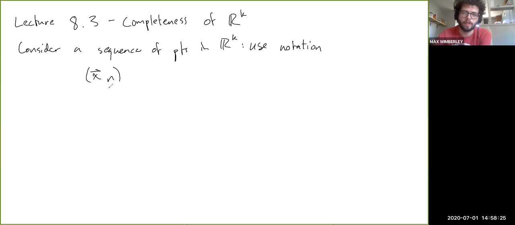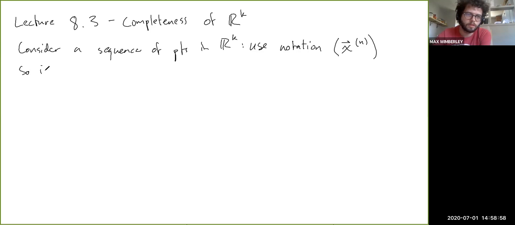That point will have k coordinates, k components in it. You could also call it a vector if you want. But because we also want to talk about the different components of each point, instead of a subscript we actually use a superscript in parentheses. So the notation will be like this.